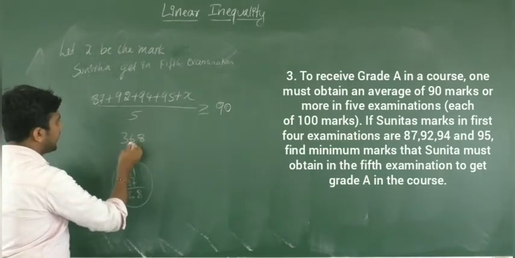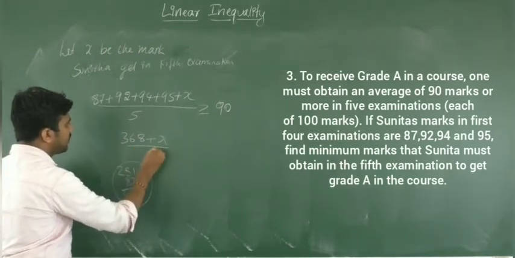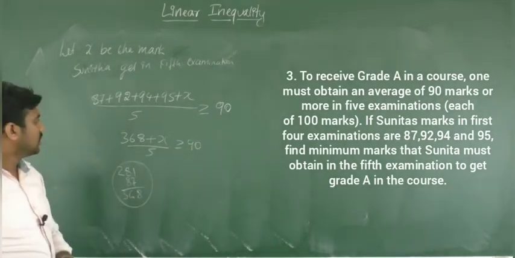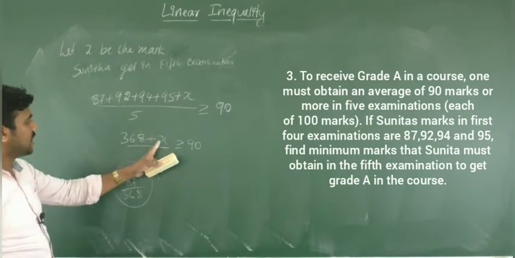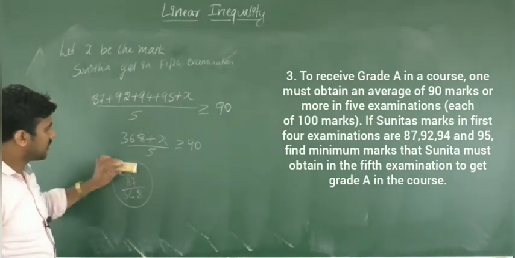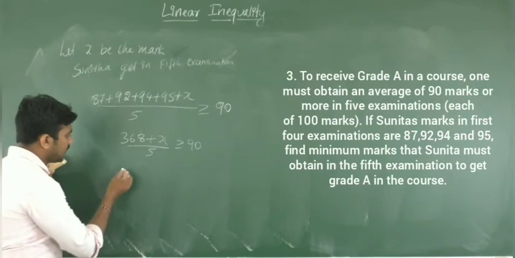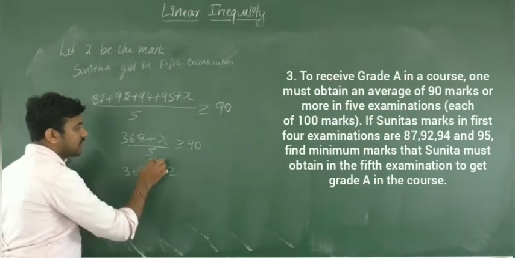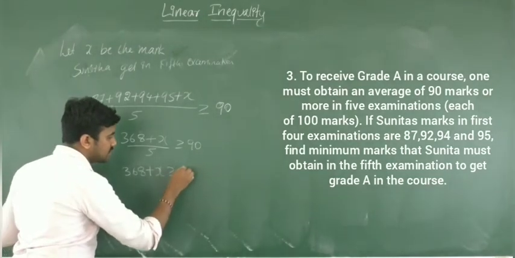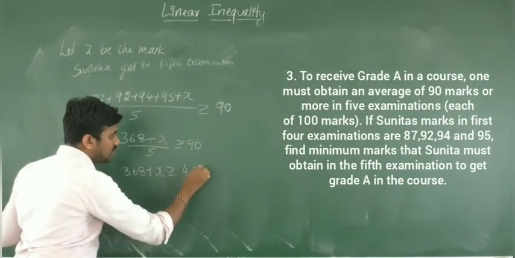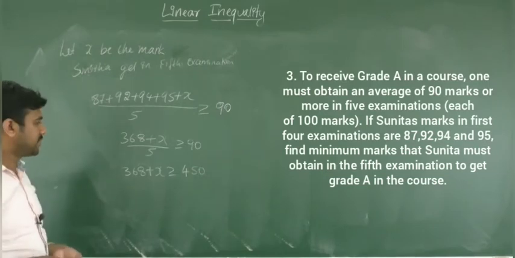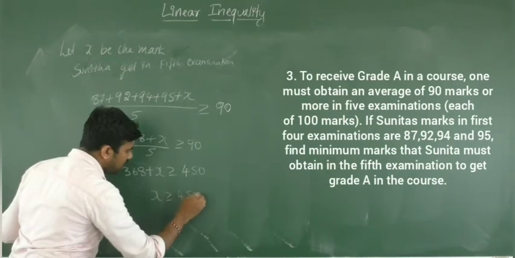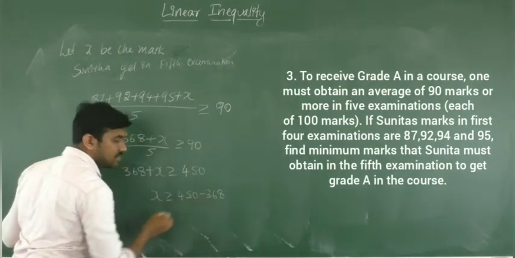So (368 plus x) divided by 5 is greater than or equal to 90. Now cross multiply: 368 plus x is greater than or equal to 90 into 5, that is 450. Now x is greater than or equal to 450 minus 368.